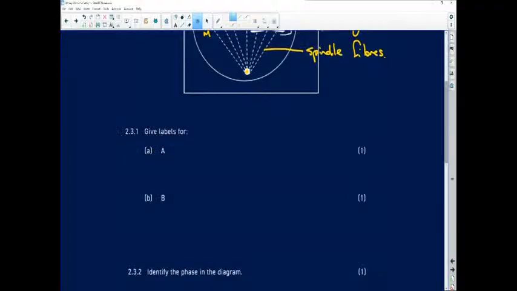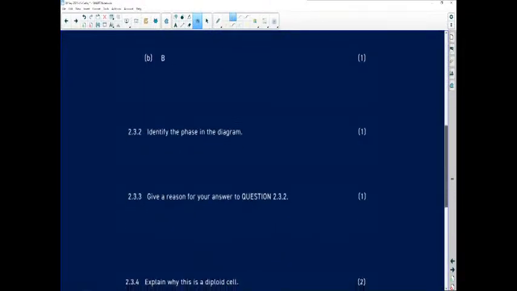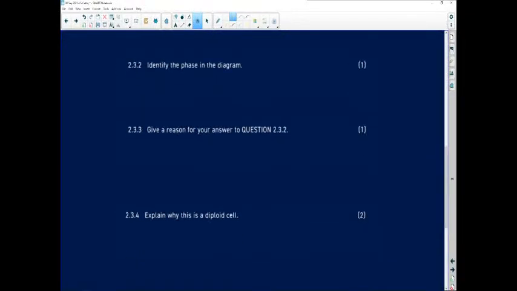Okay, so give labels for A and B. We've done that. Identify the phase. We've done that too. It's metaphase 1. Okay. Oh, give a reason for your answer. So why is it metaphase 1? Well, easy, because we've got homologous chromosomes.